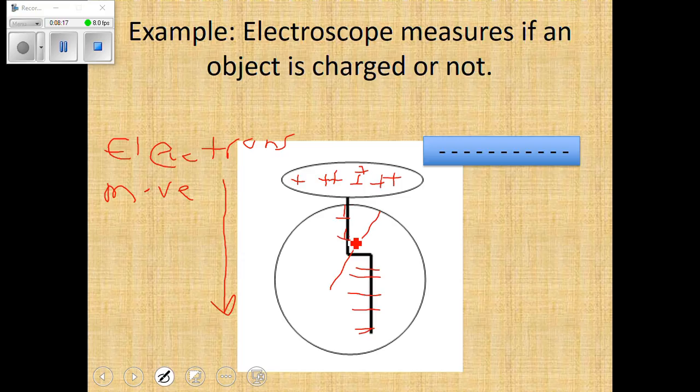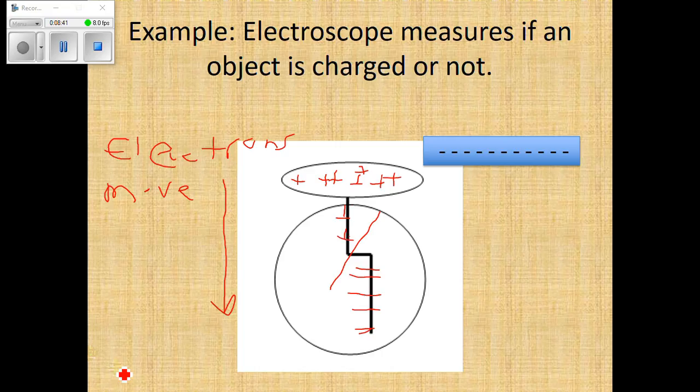And then when you put your finger on it, what actually happens is you draw some electrons that go into your finger and permanently charge this, and that's what leaves the straw out. So really what's happening is that your electrons are moving away from the rod, and we're leaving a positively charged electroscope, which is what causes that straw to move.